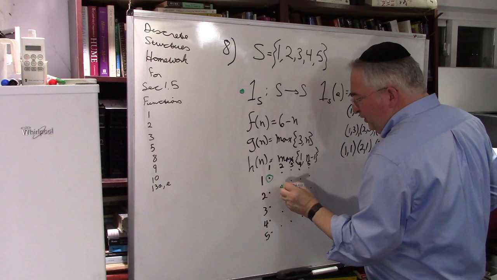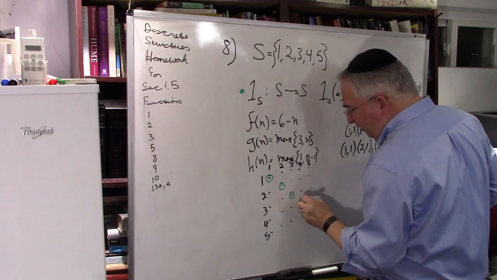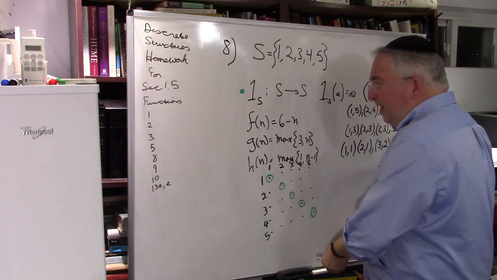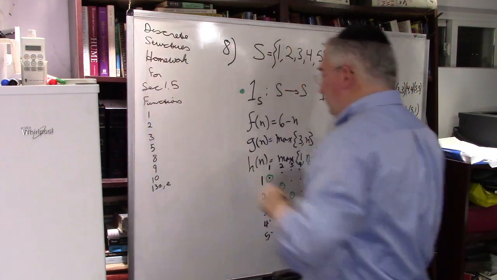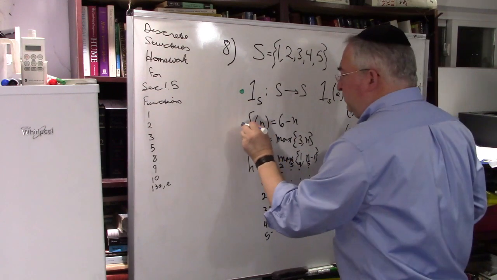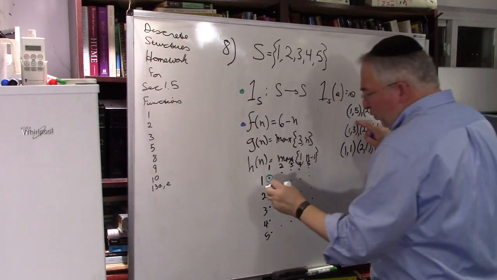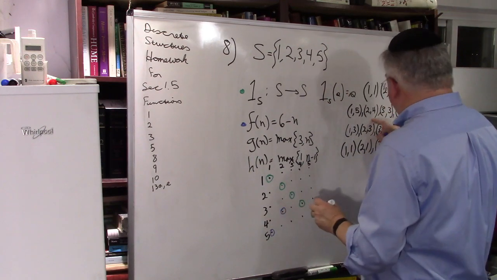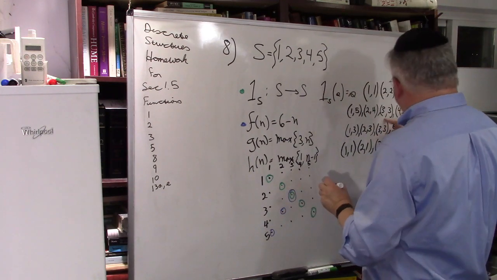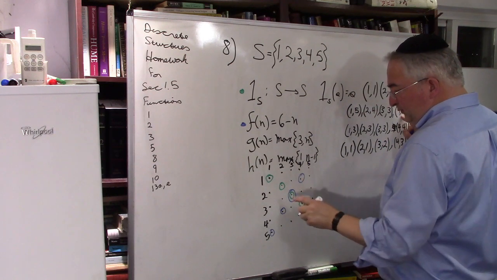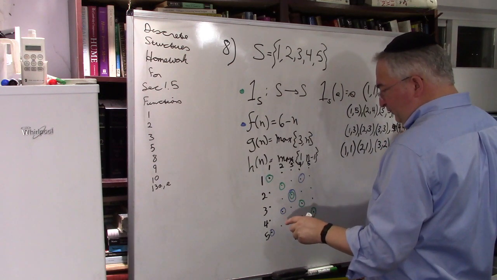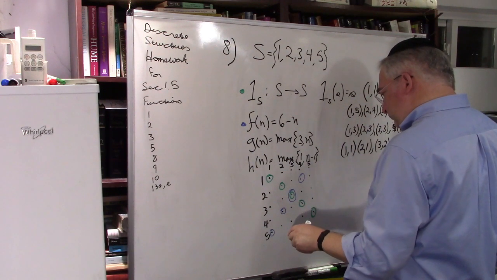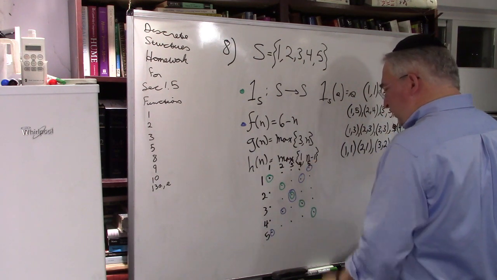So this is going to be 1, 1, 2, 2, 3, 3, 4, 4, 5, 5. That's pretty simple. Next, let's do blue. This is blue. So what's the answer? 1, 5, 2, 4, 3, 3, 4, 2, 5, 1.